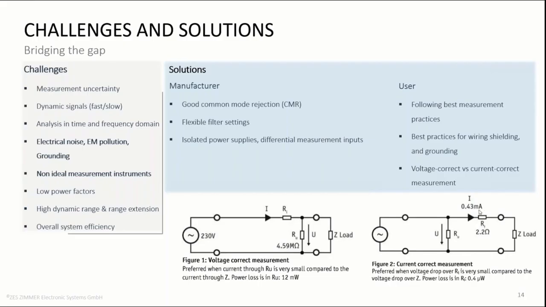However, the effect of this small voltage drop on the total measured voltage will be much smaller, since the voltage is much higher. So in this case, it is worth opting for a small voltage error in order to avoid a more noticeable error in current, which would lead to a less accurate power measurement.